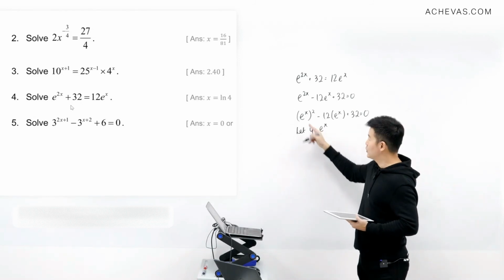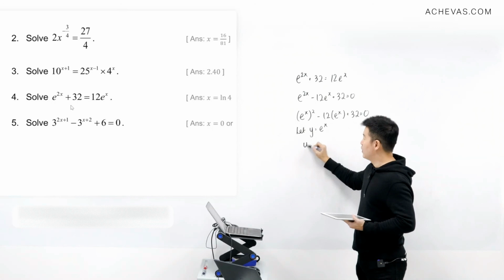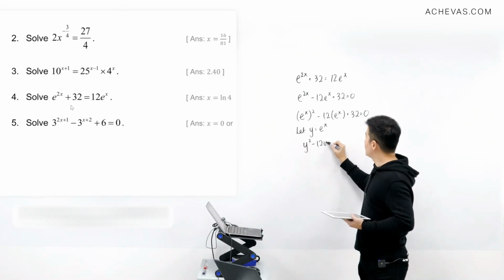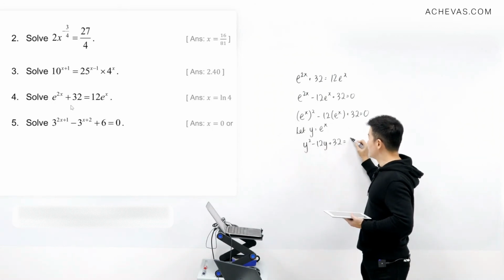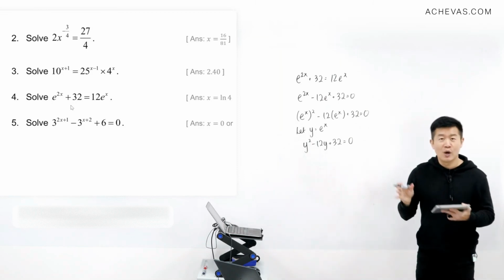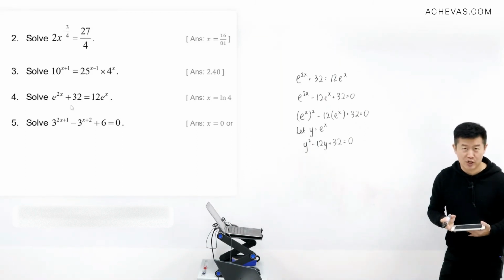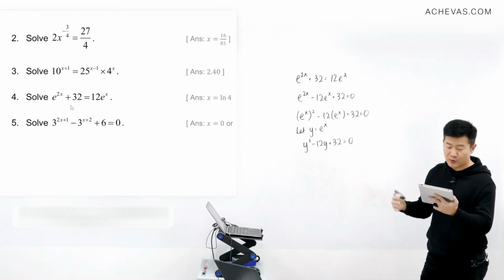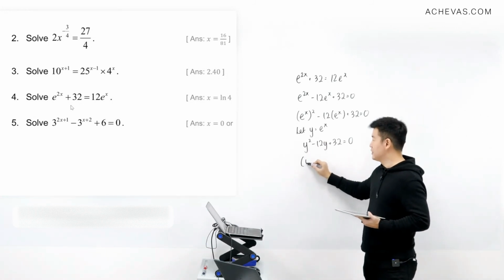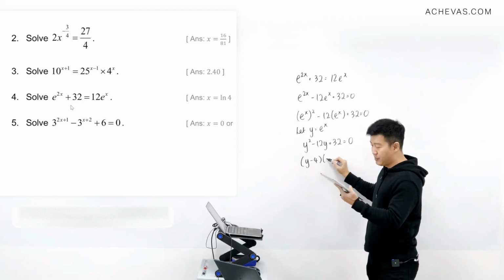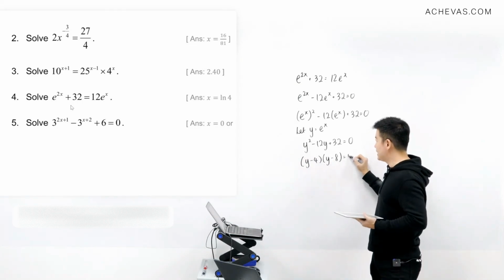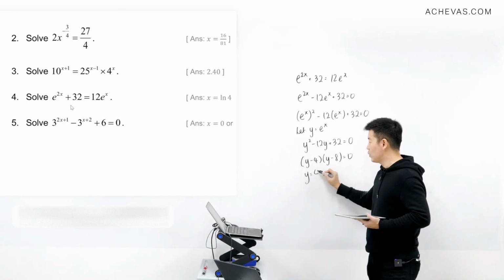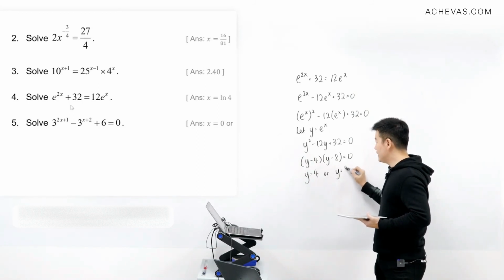The moment I do so, this equation becomes y squared minus 12y plus 32 is equal to 0. And now we have a quadratic equation. To solve this quadratic equation in terms of y, we're going to factorize it. Factorizing gives me y minus 4 multiplied by y minus 8 is equal to 0. This tells me that y is equal to 4 or y is equal to 8.